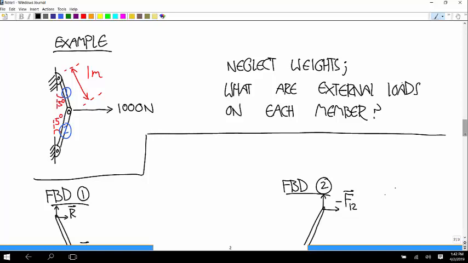Apply that force, and you can imagine if you're trying to generate a big force on this pin, we just generated a 6,000 Newton force on that pin by applying 1,000 Newtons that way. The key thing is that these are nearly perpendicular to each other. The closer to perpendicular, the better. Okay, that's all.